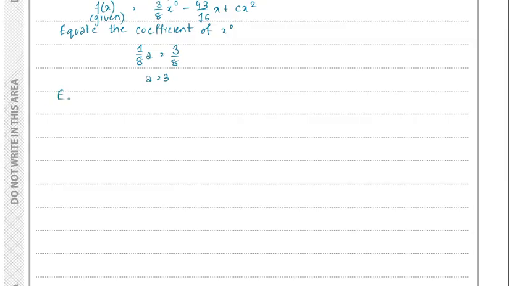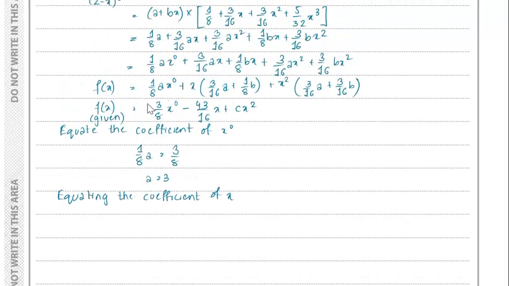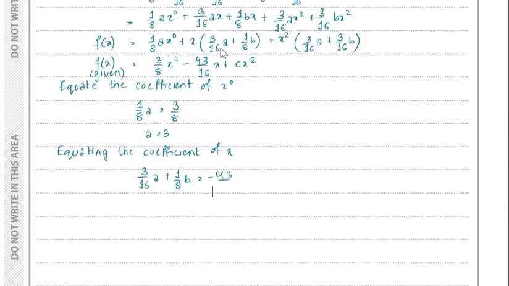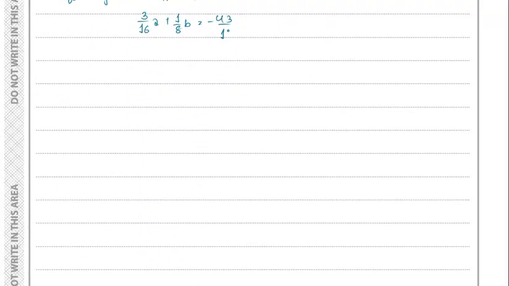So we found a, and then equating the coefficient of x, what we found was 3 by 16a plus 1 by 8b is equal to minus 43 by 16, which was given to us.